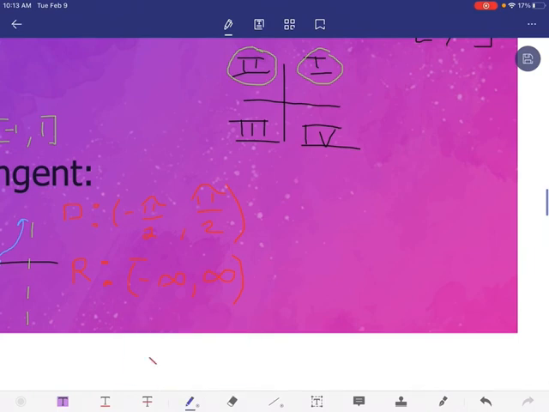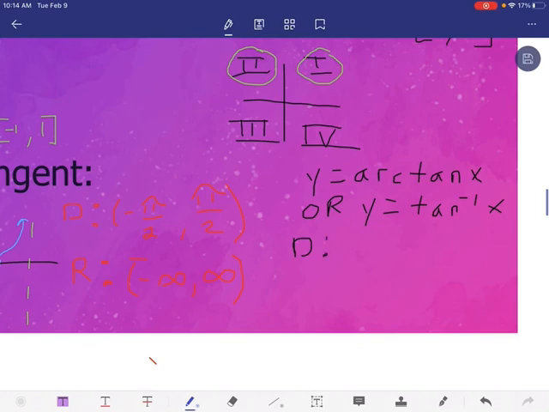And again, when I'm looking at my inverse, I'm going to be either looking at y equals arctangent of x or y equals tangent inverse of x. And you'll see it either way. So again, remember that we're switching our domain and our range from our original. So my domain becomes all real numbers, or -infinity to infinity.